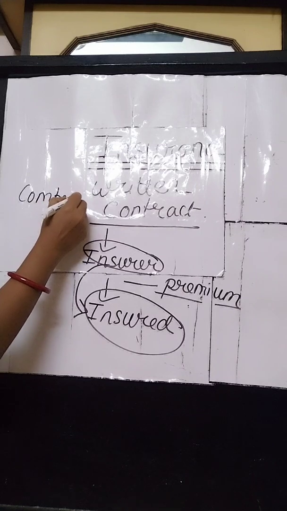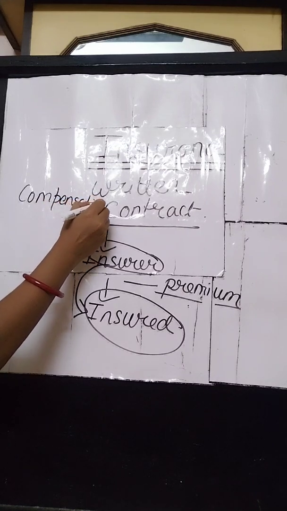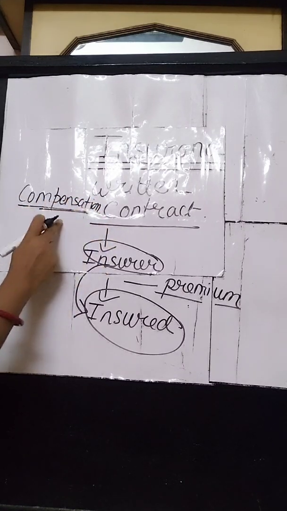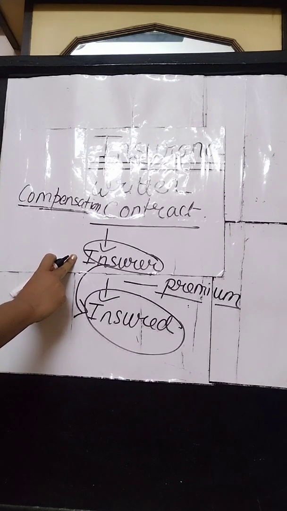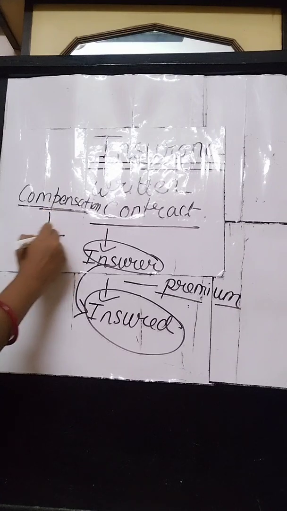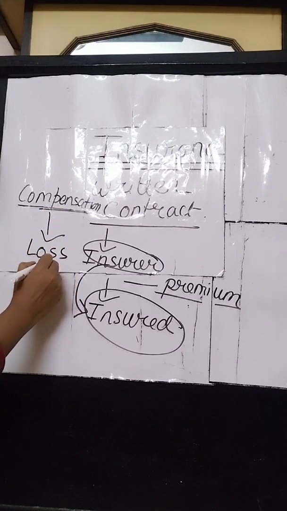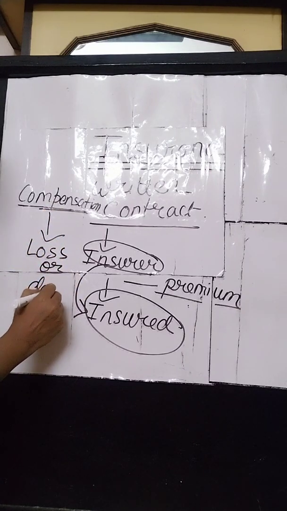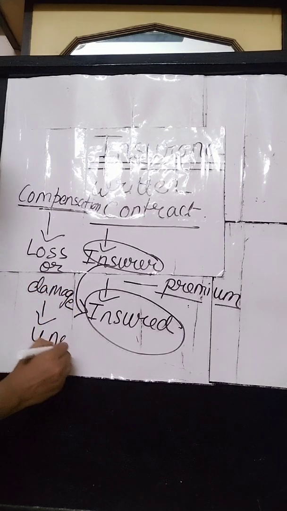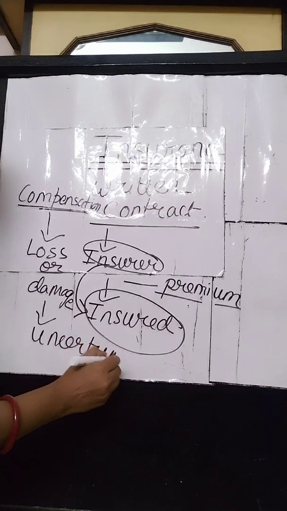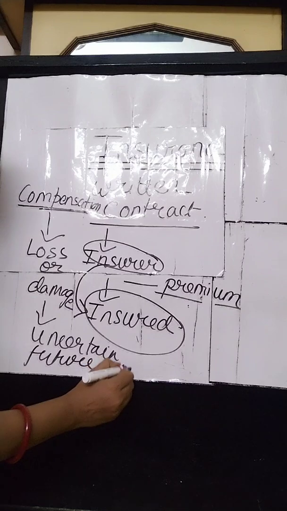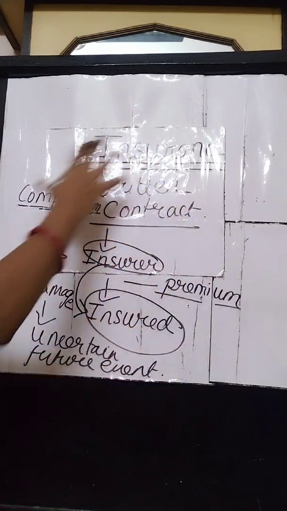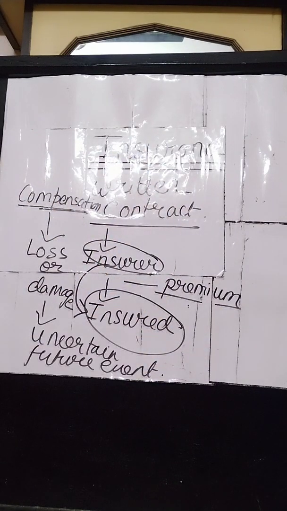So insurance can be called a compensation. It is a compensation paid to the insured against any kind of loss or damage suffered due to any uncertain future event or occurrence. This is the whole story of insurance.